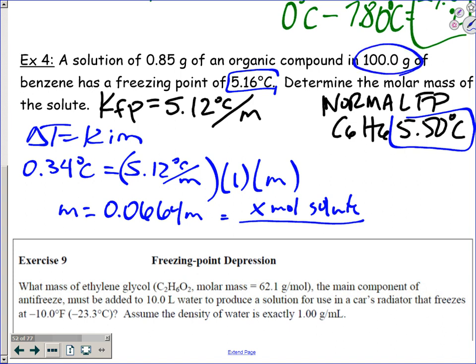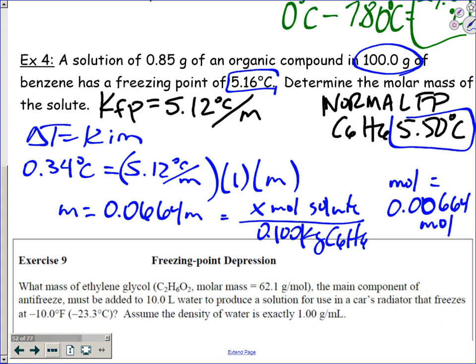So we have the grams here, so what's the kilograms? 0.1 kilograms of benzene. So multiply by 0.1, and you get moles to be what? 0.0664 moles.